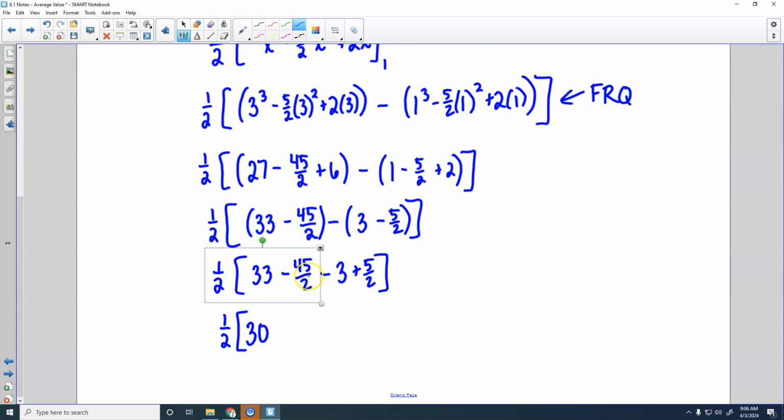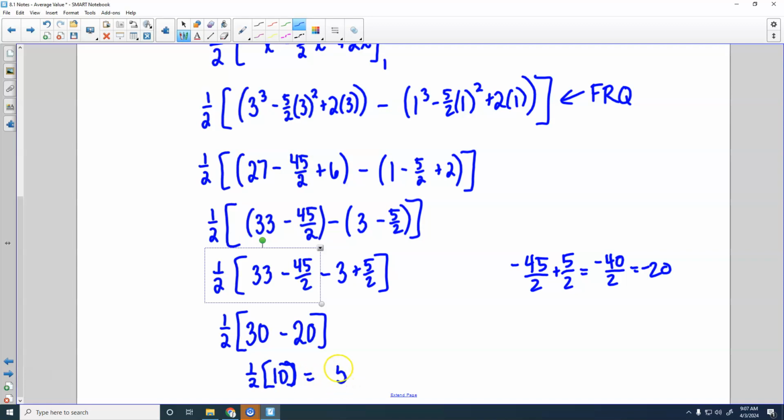And then we got negative 45 over 2 plus 5 over 2, which is going to give us negative 40 divided by 2, which is negative 20. So we got minus 20. And so we got half of 10, which finally does just give us 5 as our answer.